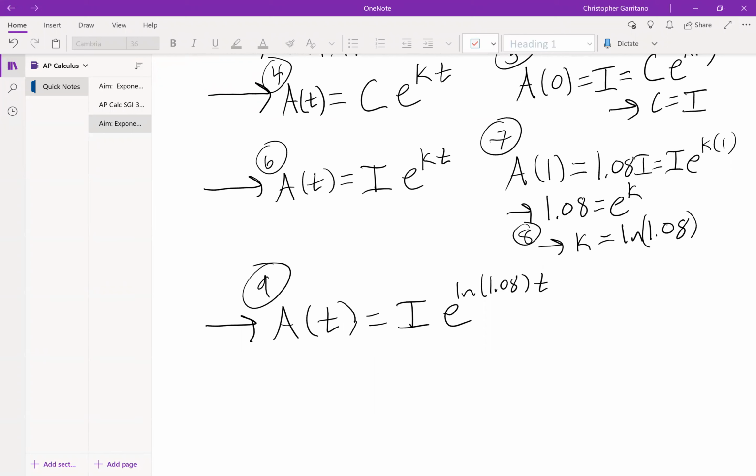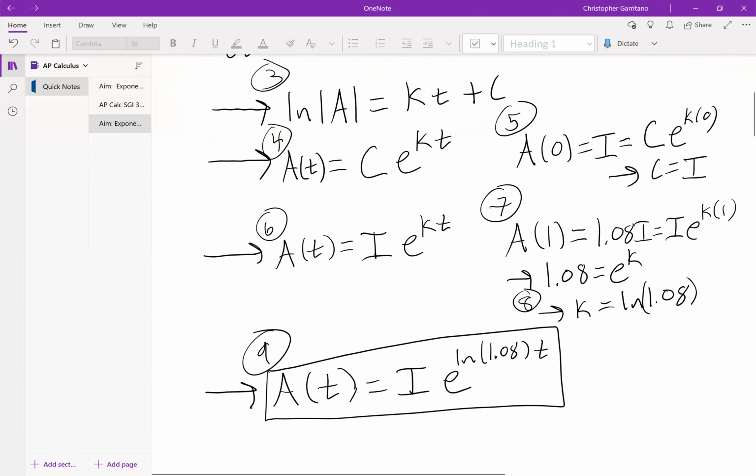So if you invest an amount of money at an annual rate of 8%, then the amount of money you have at any point in time will be equal to this expression over here. So there you have it, and that's the solution to that problem.